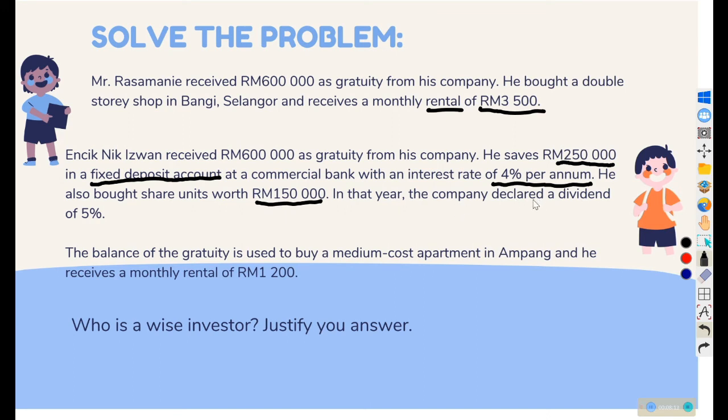The company declared a dividend of 5%. The balance of the gratuity is used to buy a medium-cost apartment in Ampang, and he received a monthly rental of 1,200. Who is a wise investor? Justify your answer. For this type of question, you need to do a comparison and justify the answer. When you want to justify the answer between these two men, you need to find the ROI, return on investment.